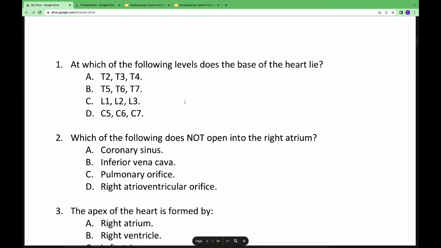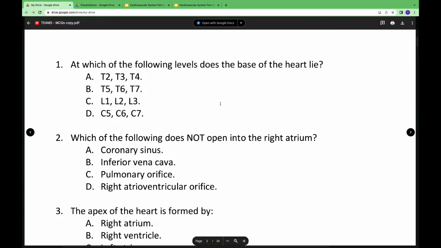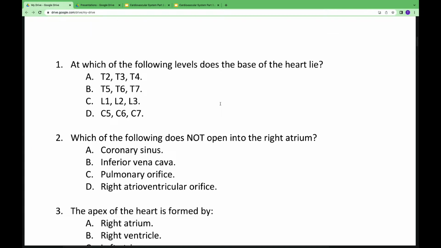Okay. Good. Which of the following does not open into the right atrium? There are a lot of answers. So, guys, let's do it like that. Who said A?